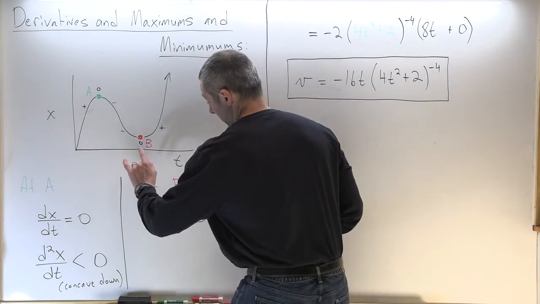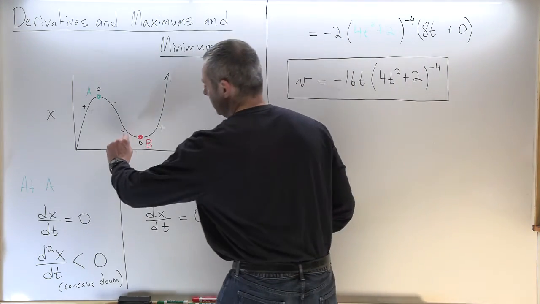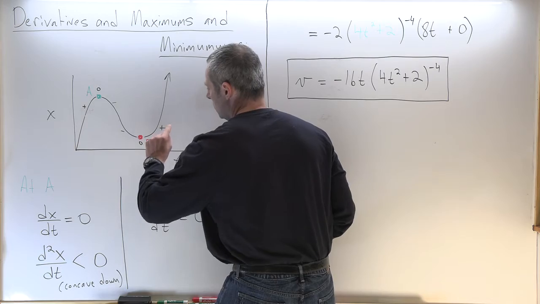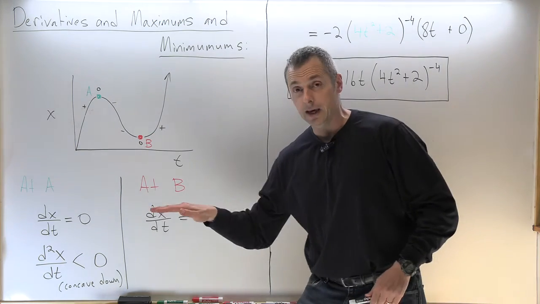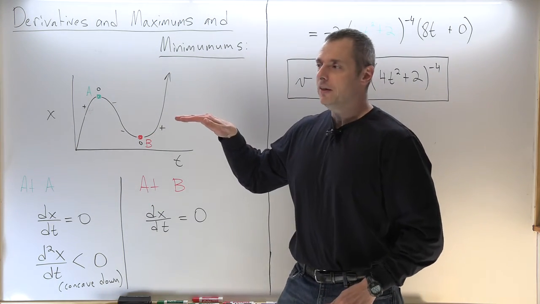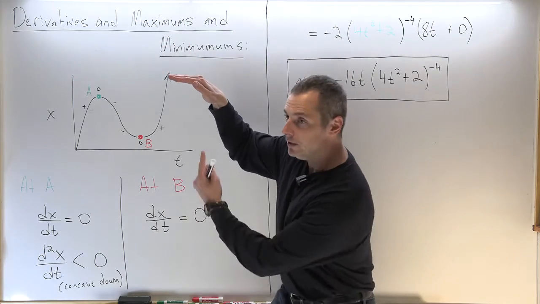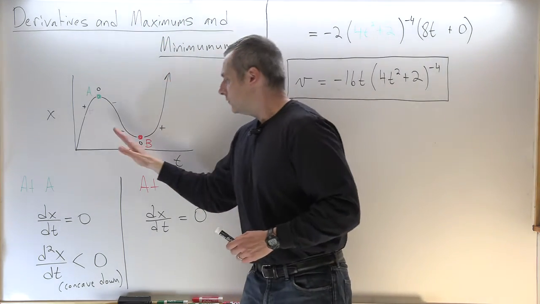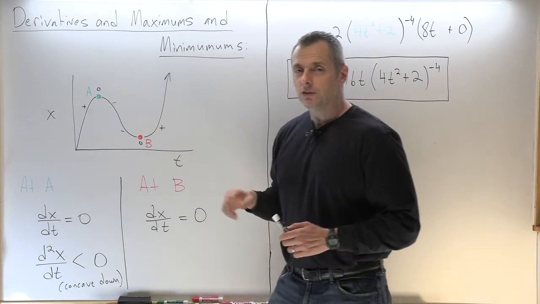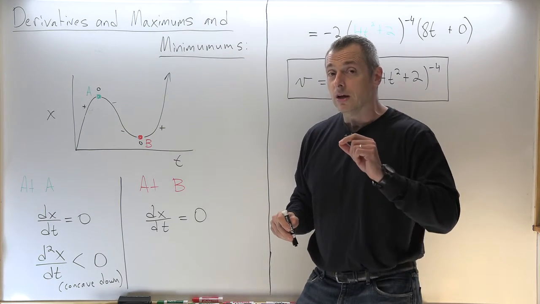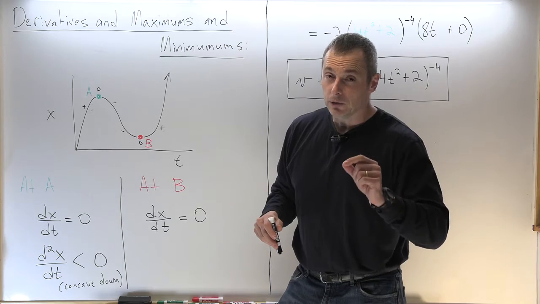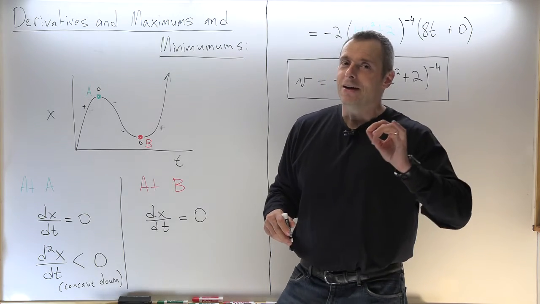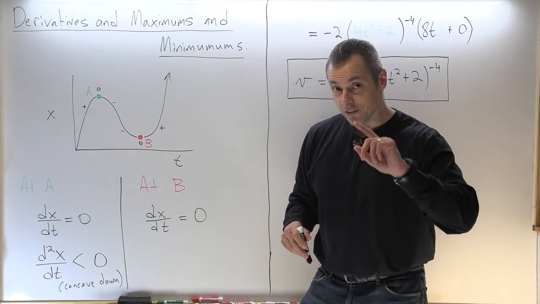Over here, on the other hand, what's the change when something goes negative to 0 to positive? In other words, from negative up to 0, then up to positive. What kind of change is that? That's a positive change, and the slope is changing by a positive amount. Well, slope is a derivative, and so we're saying the change of a derivative, in other words, a derivative of a derivative, which is the second derivative.